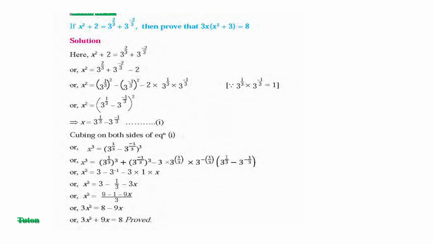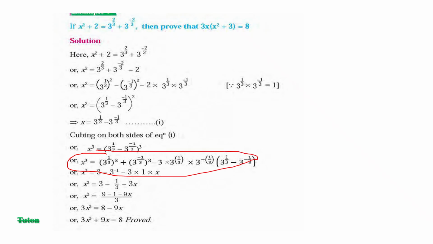Now, after taking cube on both sides of equation 1, we will apply the formula for (a - b)^3, here a being 3 to the power 1/3 and b being 3 to the power negative of 1/3, which would be a^3 - b^3 - 3ab(a - b). Now let us all understand this step.